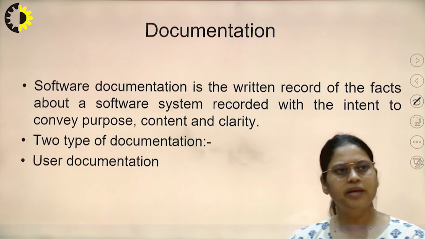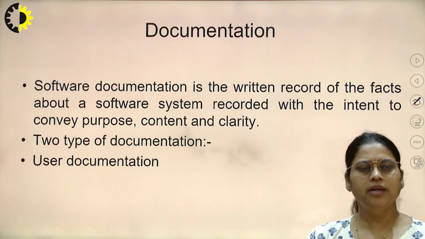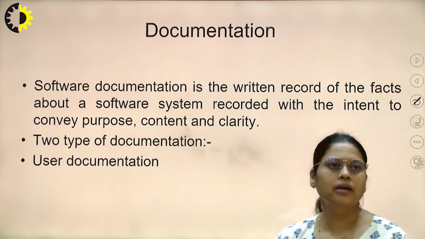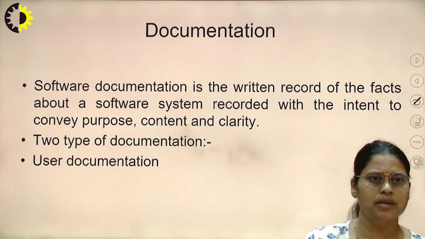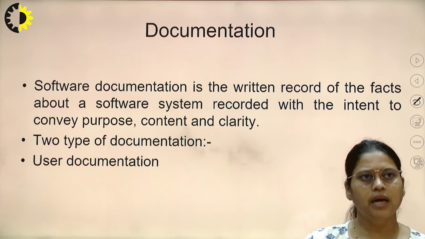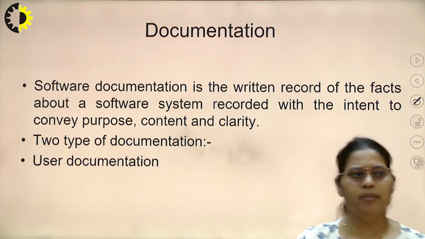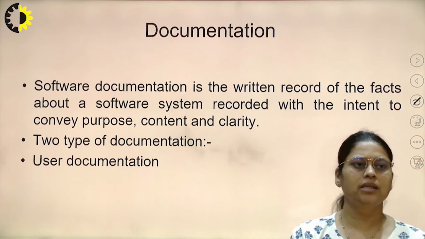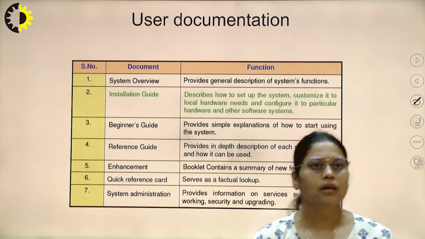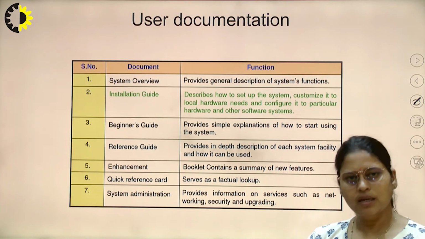Now the documentation. Software documentation is a written record of facts about the software system, recorded with the intent to convey purpose. Basically, there are two types of documentation to be prepared by the SCM method. One is user documentation, which is to be provided to the customer.